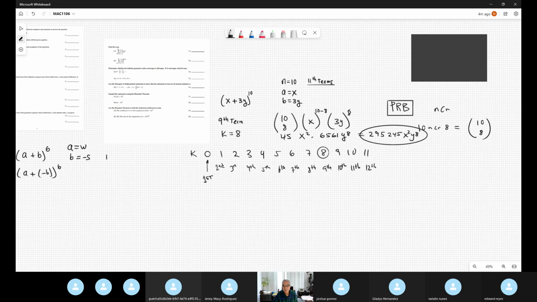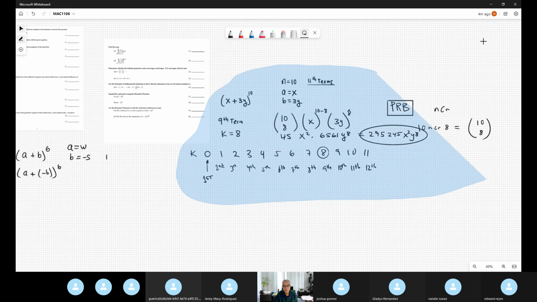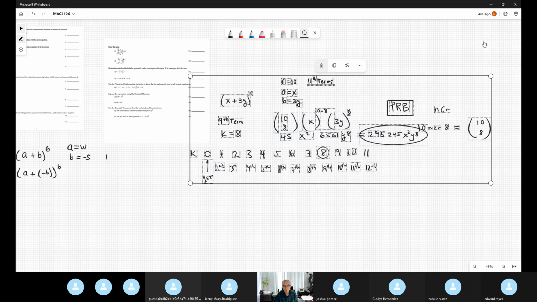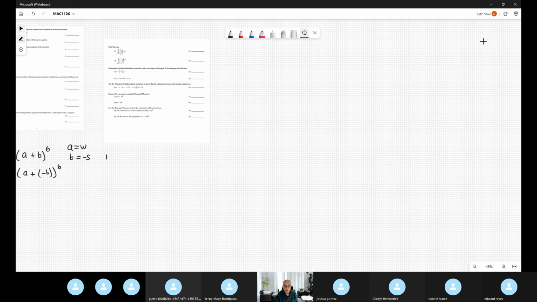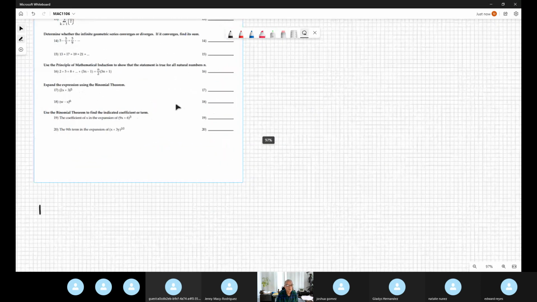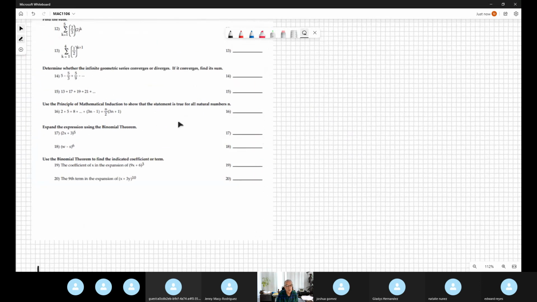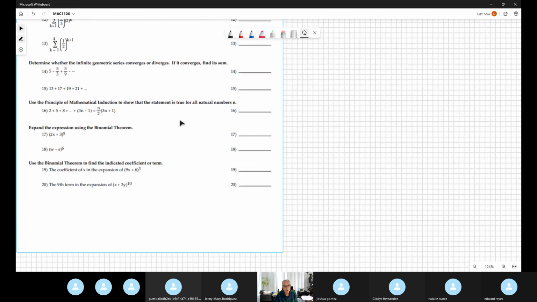Let's move now to equation 17. Equation 17 we didn't cover in the lectures, and that's the only one we didn't cover. Binomial theorem and mathematical induction.